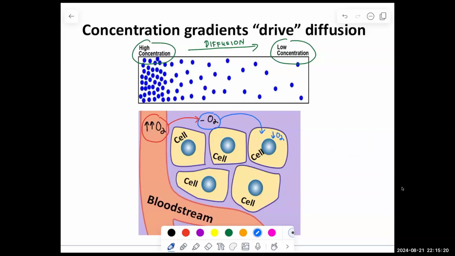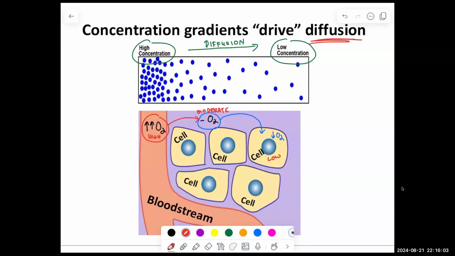This is how oxygen will simply move from the blood plasma into the interstitial fluid, into the cytoplasm itself, all through diffusion, because the concentration is high here, moderate here, and very low inside. No energy is required to get the oxygen into the cell. It's all passive diffusion. That is a very important concept.